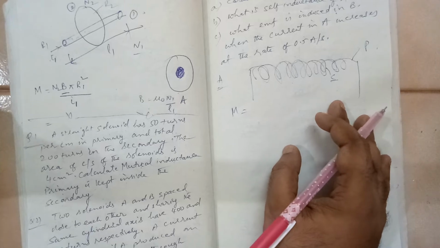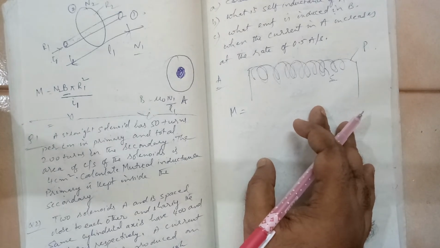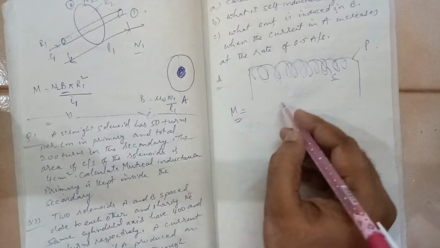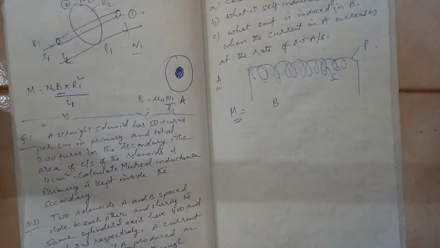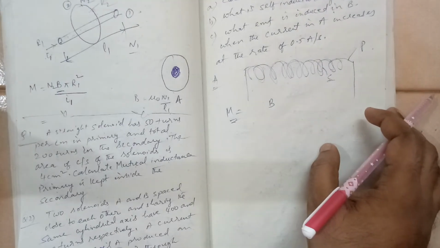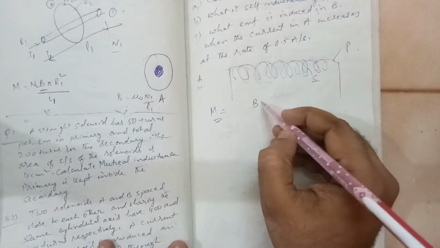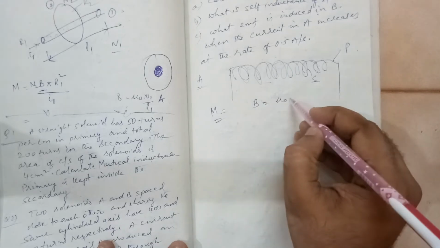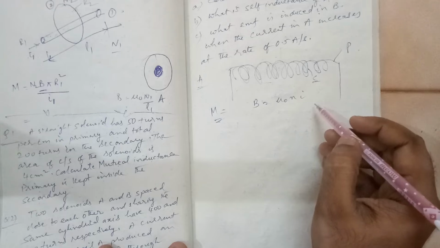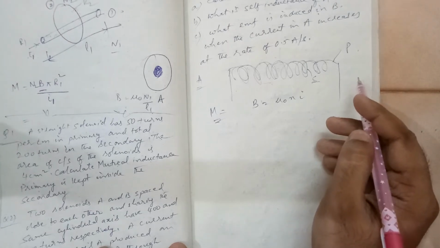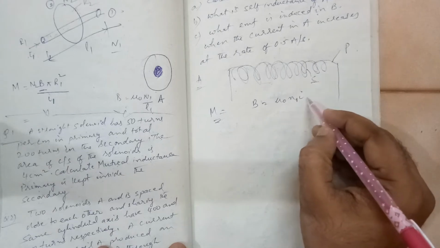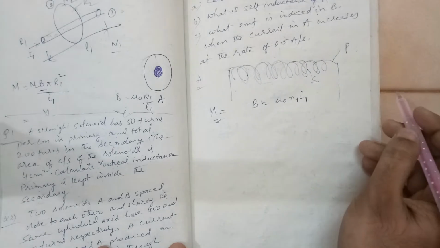So the mutual inductance, which we have to find out, first we have to find out the magnetic field. The magnetic field created by the primary solenoid will be mu naught n I. So primary we will show as 1, so mu naught n1 I1.